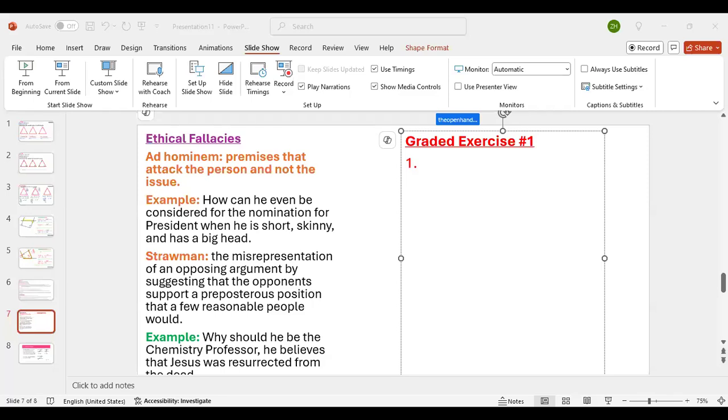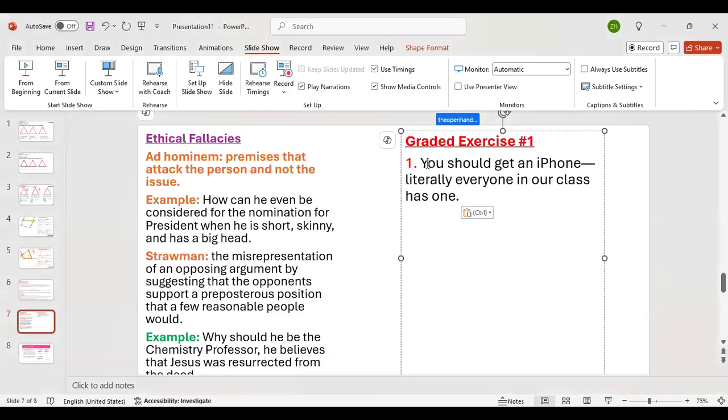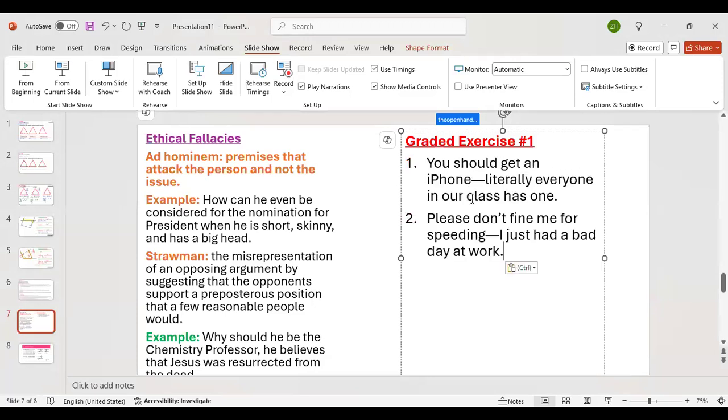All right. Number one. Okay. All right. Number two. Want me to write the graded exercise down?